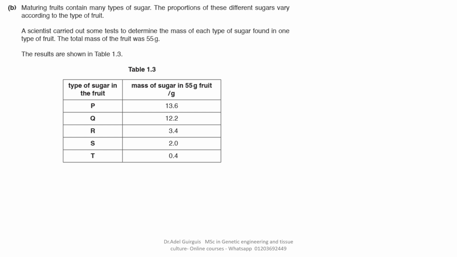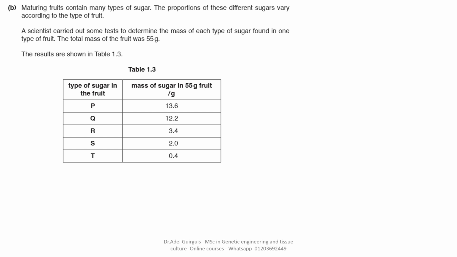Type of sugar in the fruit, different types. May be sucrose, fructose, and other monosaccharides or disaccharides present in fruit, okay, with different names. Type of sugar in the fruit, P, Q, R, S, T, with different mass, found in 50 grams of fruit.